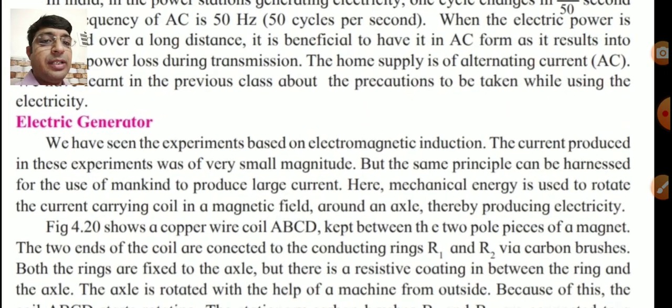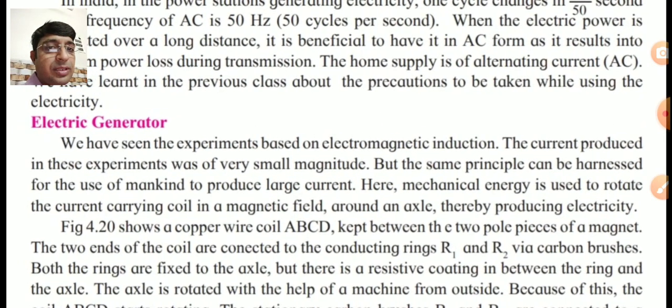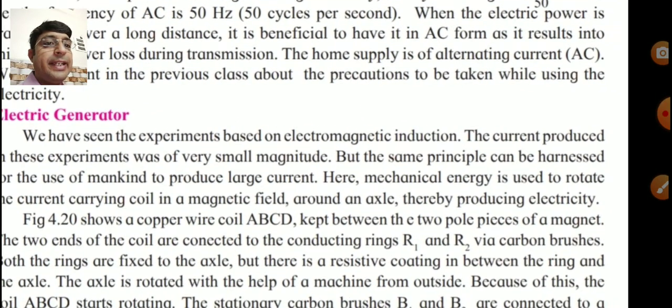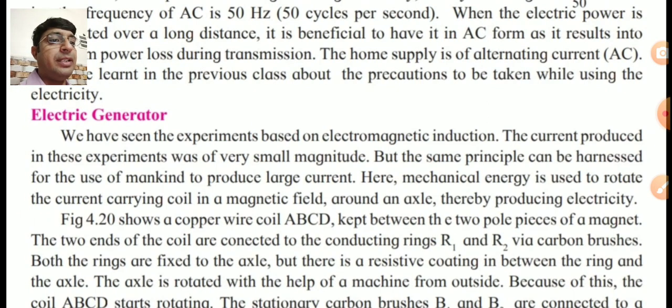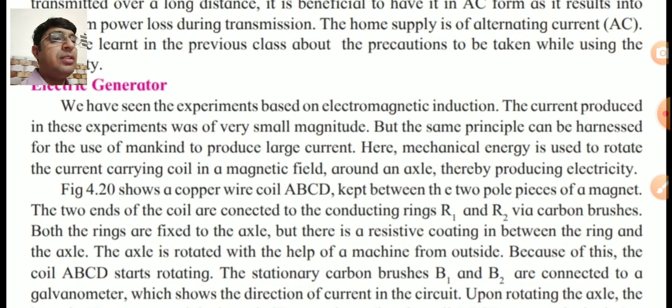Then electric generator. You have seen the experiment based on electromagnetic induction. The current produced in this experiment was of very small magnitude, but the same principle can be harnessed for the use of mankind to produce a large current.